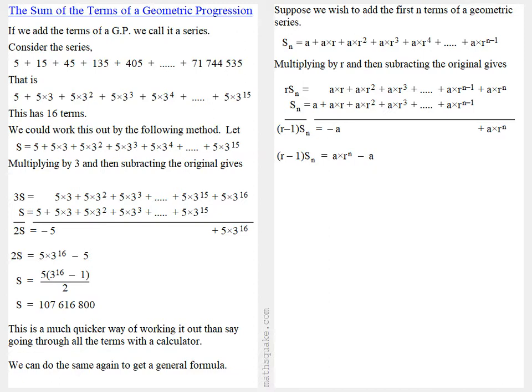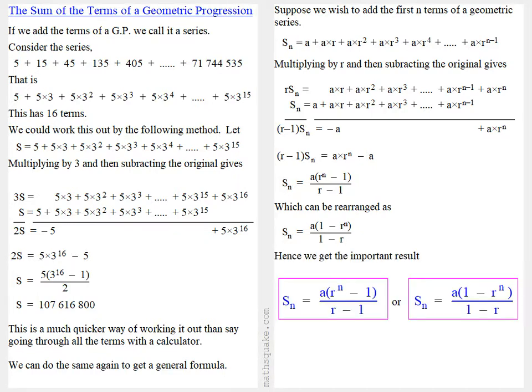Or we can rearrange that as Sn equals a into (r^n − 1) over (r − 1). Another way of writing exactly the same thing is Sn is equal to a into (1 − r^n) over (1 − r). And these form an important result.